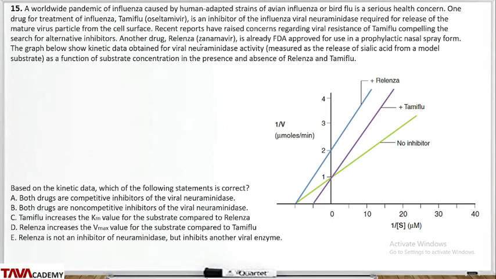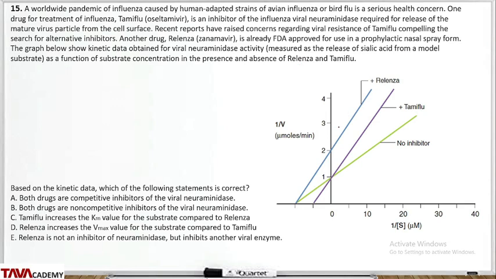Another drug, Relenza, that's zanamivir, is already FDA approved for use in a prophylactic nasal spray form. The graph below shows the kinetic data obtained for viral neuraminidase activity measured as the release of sialic acid from the model substrate as a function of the substrate concentration in the presence or absence of Relenza and Tamiflu.